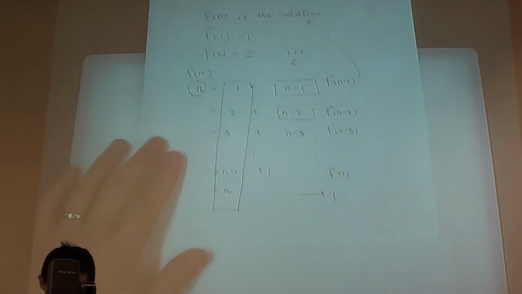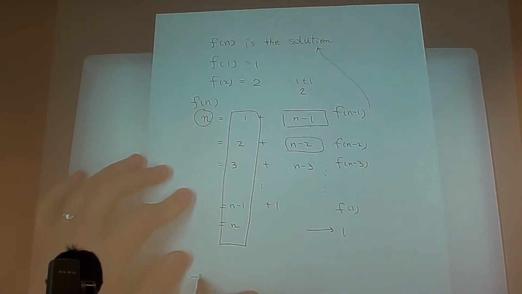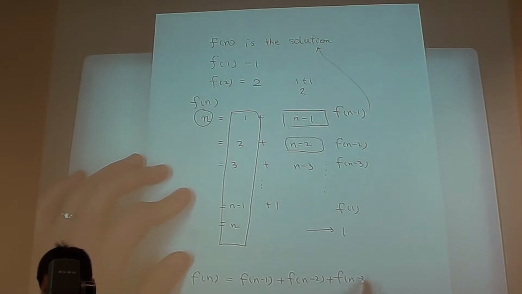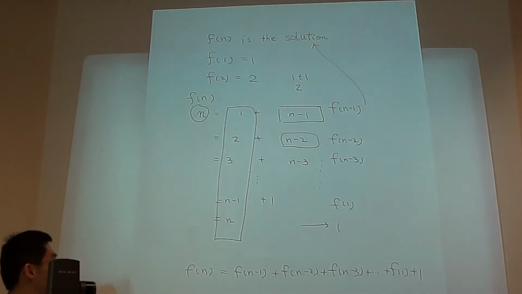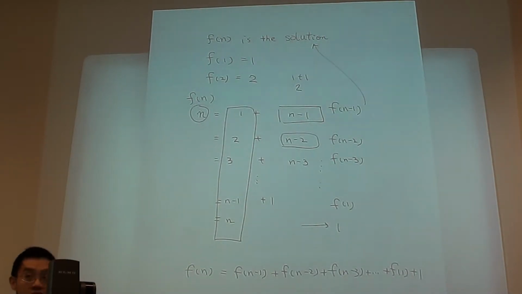So the solution is Fn equals Fn minus 1 plus Fn minus 2 plus Fn minus 3. That is the solution. This is not observing the first few cases. This is the general solution because n can be any positive integer.